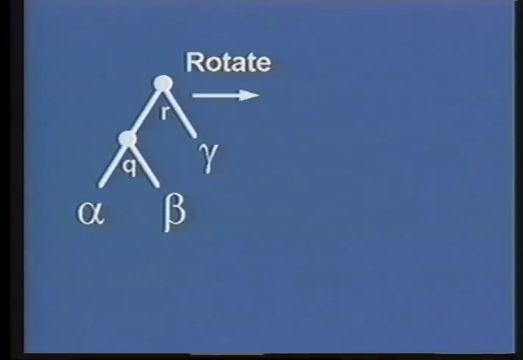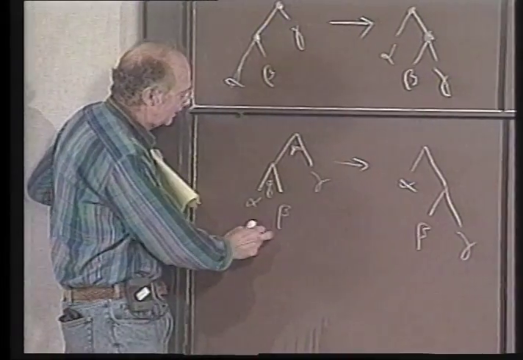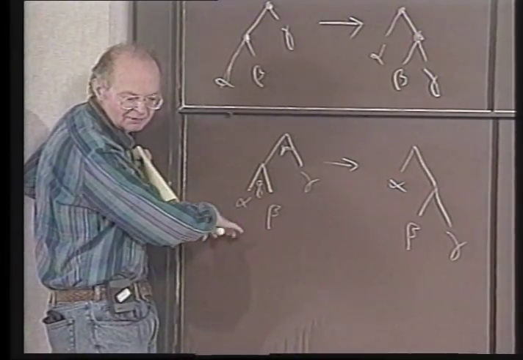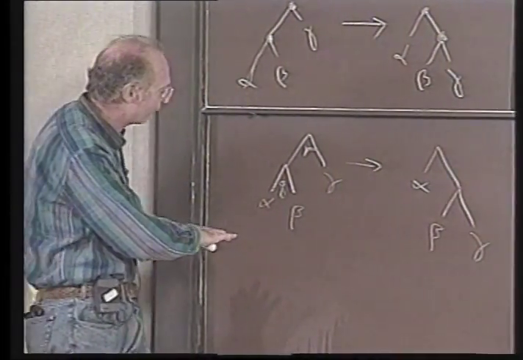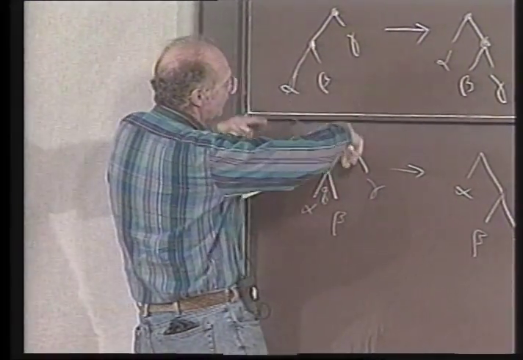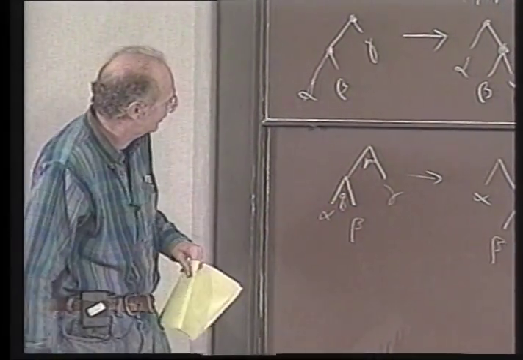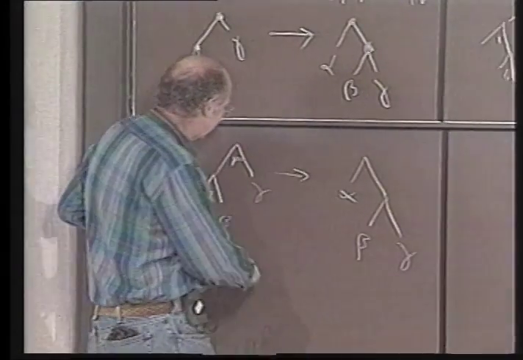Now I rotate that, and I get another tree with alpha here and beta gamma here. Inside alpha and beta, nothing is happening to the sizes of their right subtrees. If this is in the middle of some bigger tree, nothing is happening to the size of anybody else's right subtrees either.